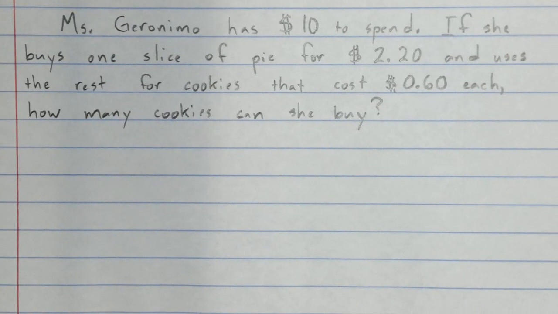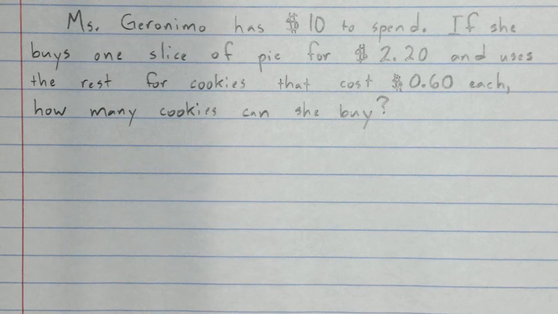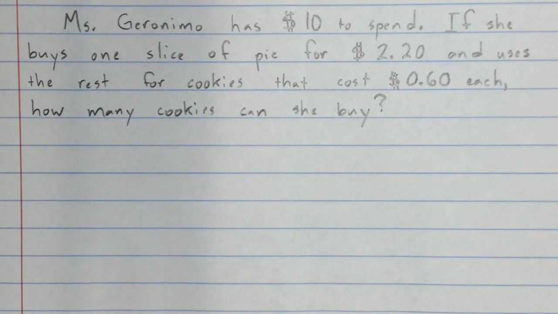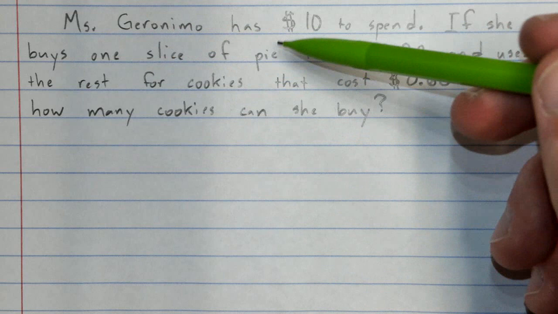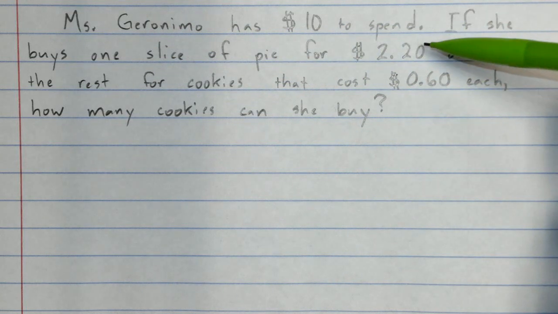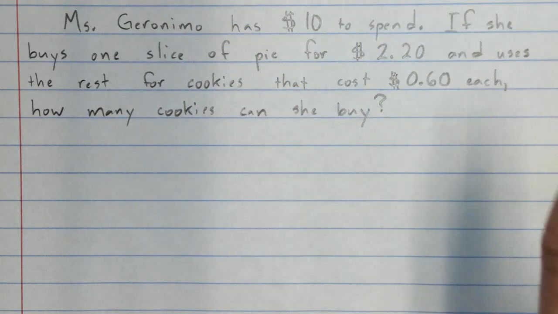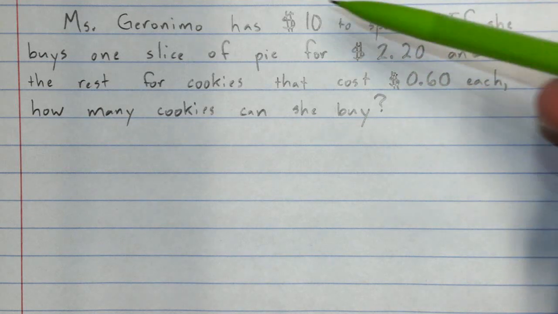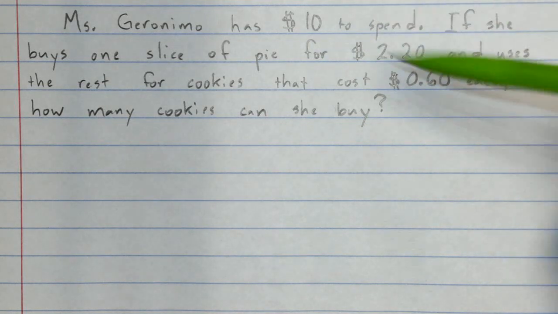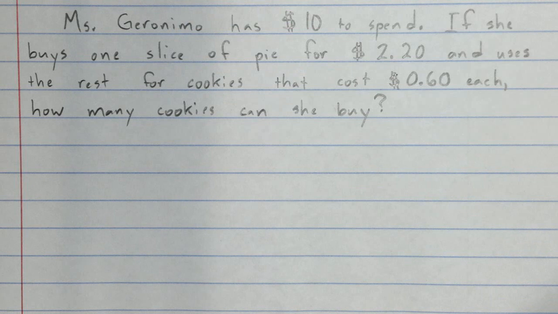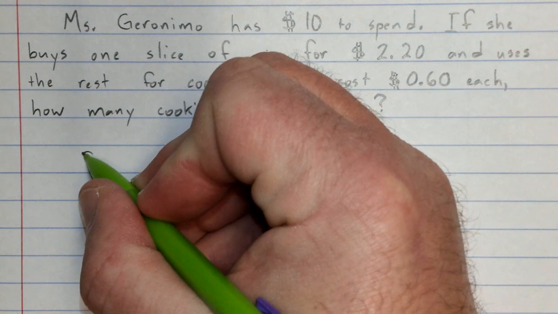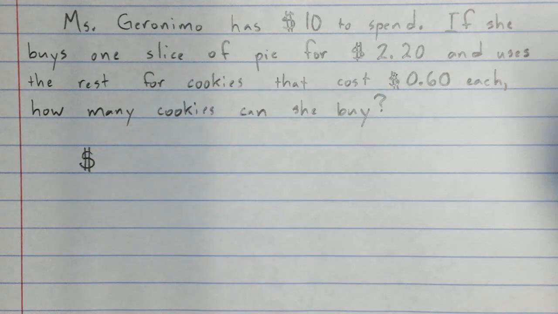Well, that kind of tells us right there what we're starting with. $10. If she buys one slice of pie for $2.20 and then uses the rest, I'm going to pause for a second. She's got 10 to start with. She buys one slice of pie for $2.20. So that gives me a pretty good idea what I need to start with.